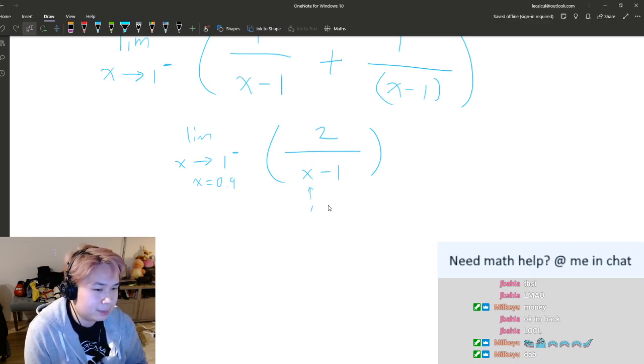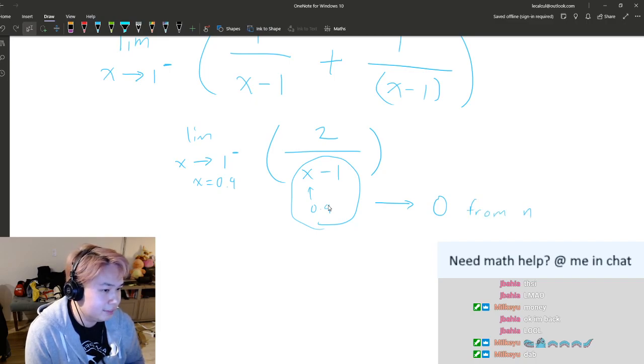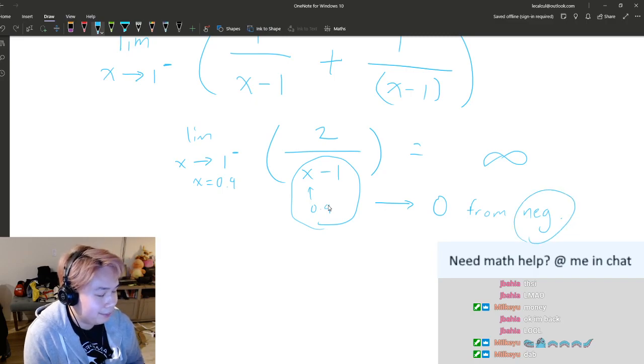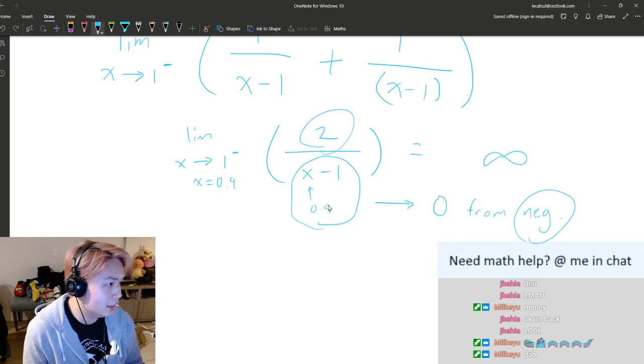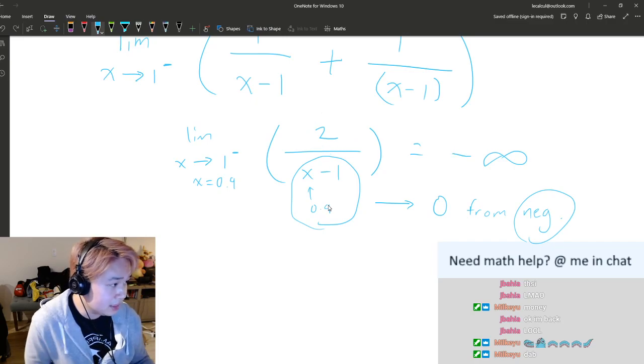If x is like 0.9, then x minus 1 is approaching 0 from the negative side. So if you're dividing by 0, we know it's infinity. We know that the denominator is negative, and we know that this is positive 2, so the limit is negative infinity.